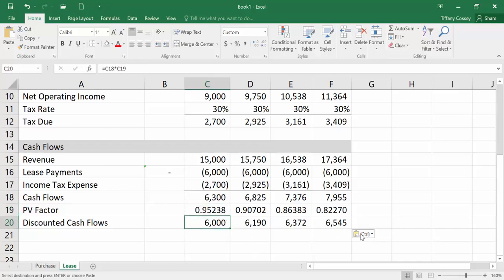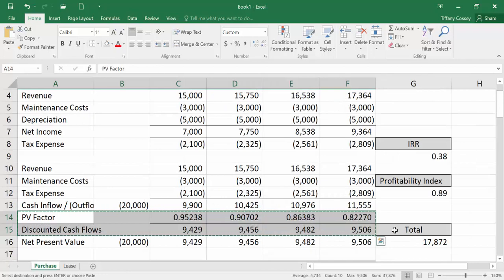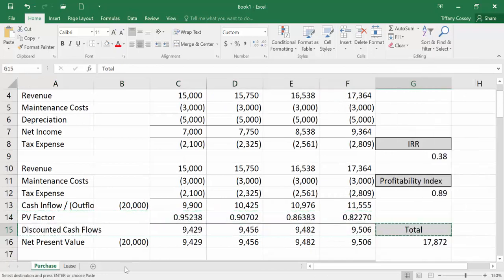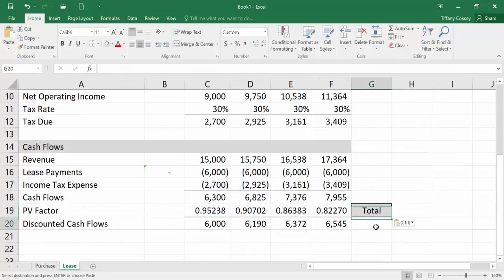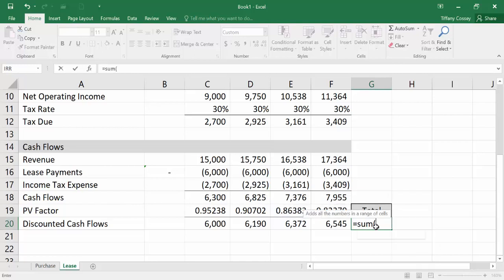So these are my discounted cash flows, and my total will just be these added together. $25,107.